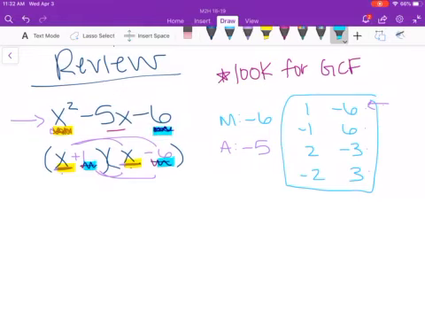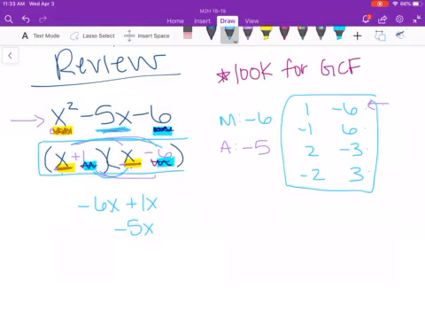So the only ones we really have to check are x times negative 6, which is negative 6x, and 1 times x, which is positive x, which gives us negative 5x, which is what we wanted. That means we factored it correctly, so that is our final answer.